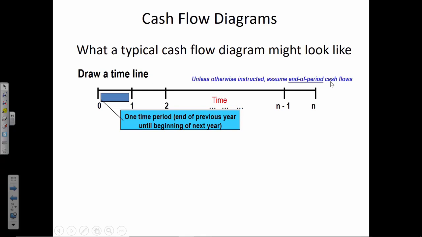So if you're doing a month-by-month summary, then at the end of this month is where you'd put the arrow associated with the revenue or the costs.